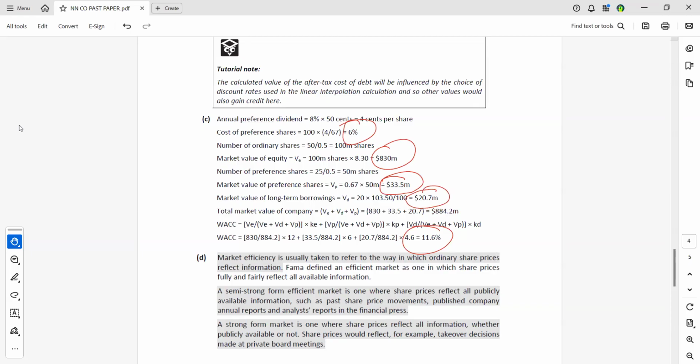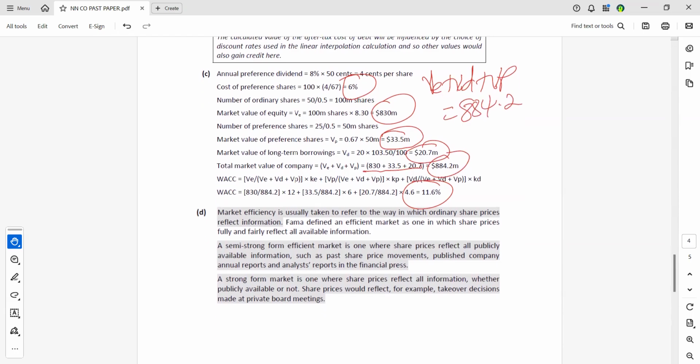So the only thing is to put in the figures. The examiner decided to calculate the denominator, that is value of E plus value of D plus value of P. He decided to calculate the total, and he said it's what? 884.2.